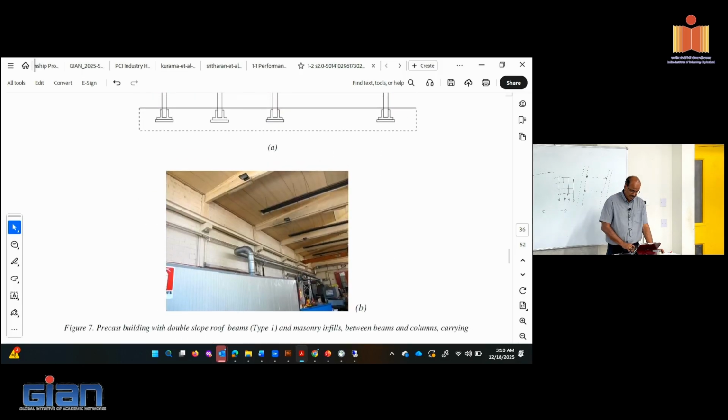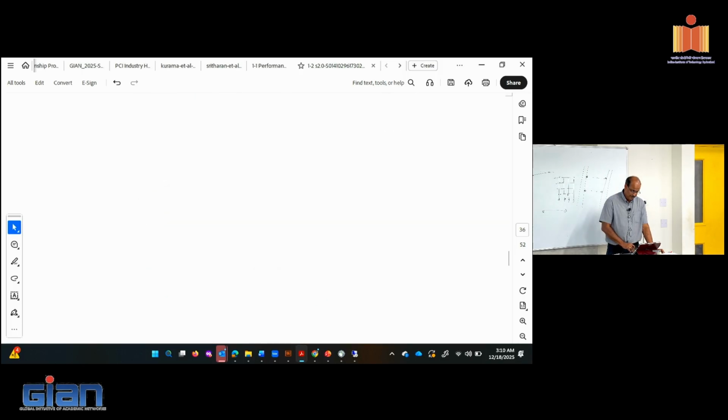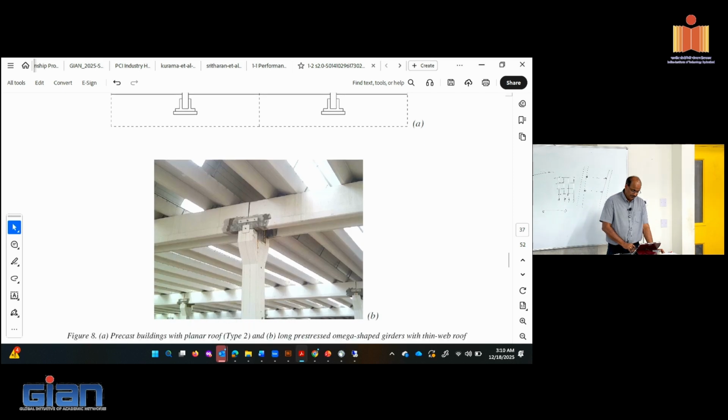So you could see the roof on one side. Again, observe that the damage or any distress occurred basically in the connection region. So that's an important piece to realize, that where you are connecting, that connection is going to be tested.